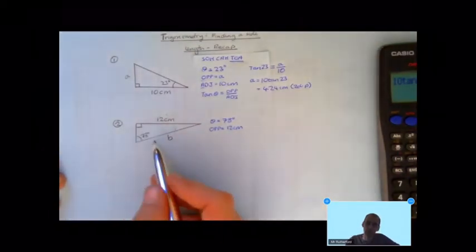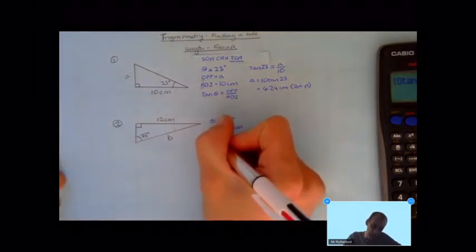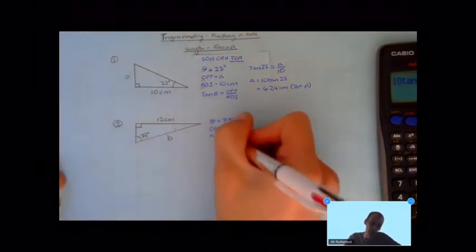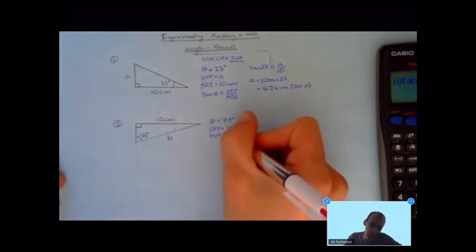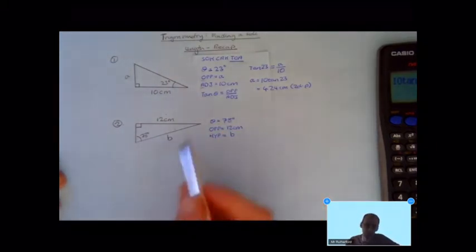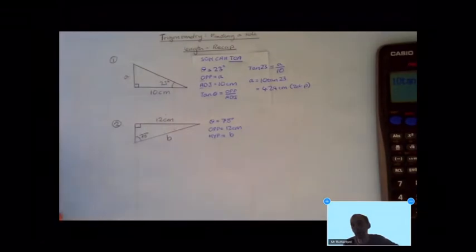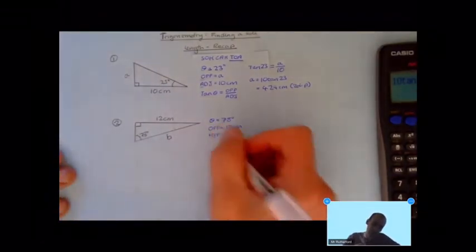We know it's the longest because it's opposite the right angle. Our longest side, which is our hypotenuse. So our hypotenuse is equal to B. Okay, I know usually when we see triangles, B would be one of the other two sides in Pythagoras, wouldn't it? But you will often find that on exam papers, in exercises, they do mix the letters around, so just be on your guard for that one.